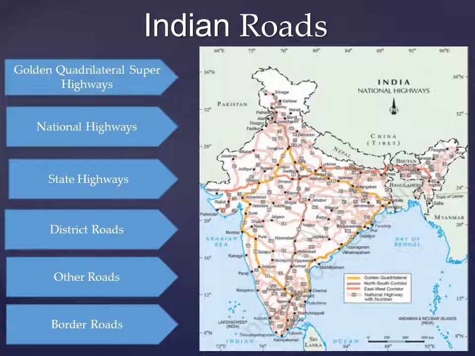If you refer to this map, there are different legends for each type of road and the numbers: National Highway NH45, NH47, like that the number will be given in the map also. So we can see how fast we can reach the destinations.